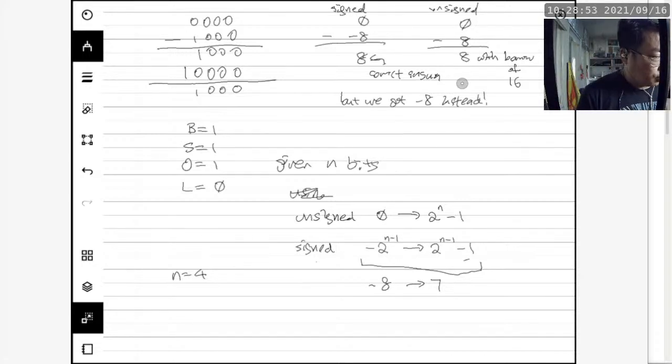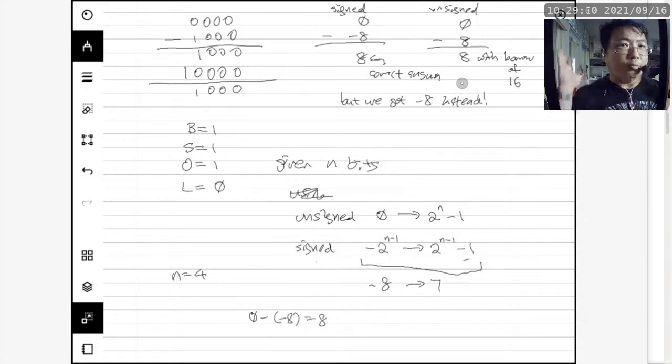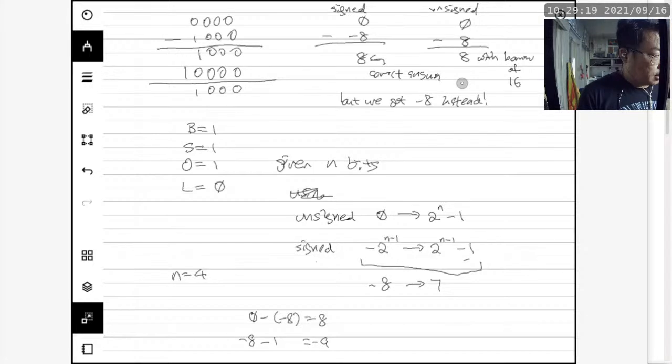The first one is what we just saw. 0 minus -8 is supposed to be positive 8. But when you look at the range, positive 8 is outside of the range. On the other hand, if you have negative 8 minus 1, which is easy to do, it is just negative 9, but negative 9 is also outside of this range. So both of these would have the overflow flag ending up as a 1.